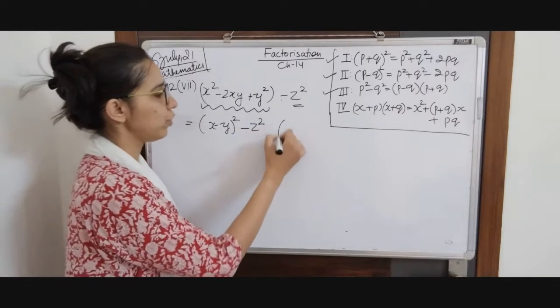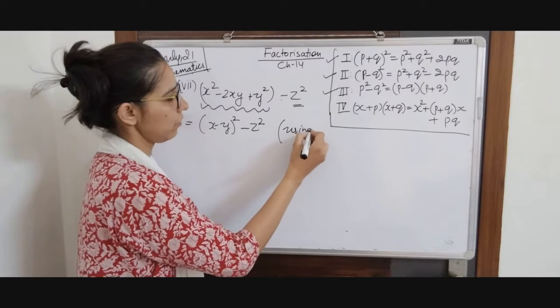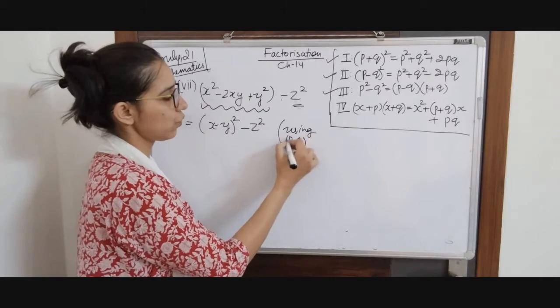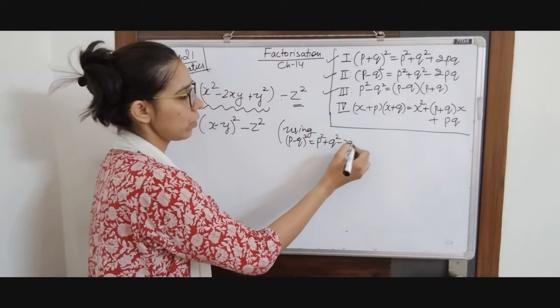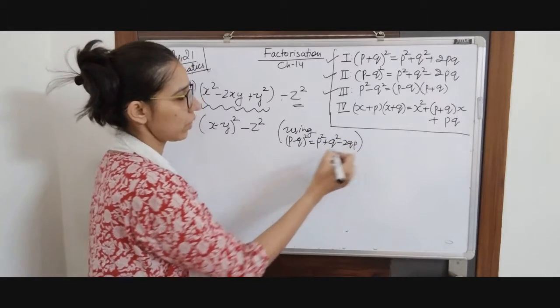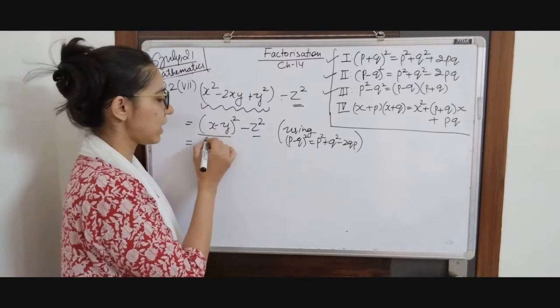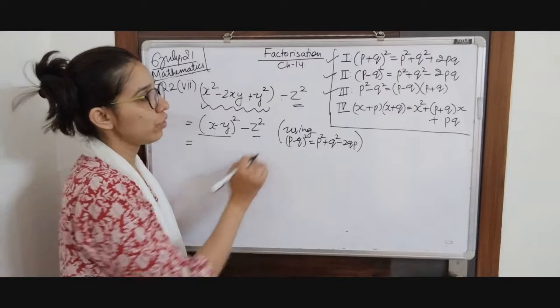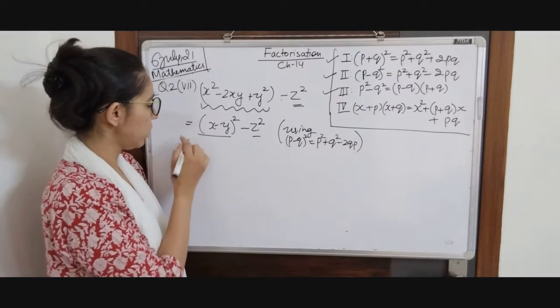What did we use? We used (p minus q) whole square is equal to p square plus q square minus 2pq. Now this is the square of two terms and there is subtraction between them, so you have to use the third identity now.